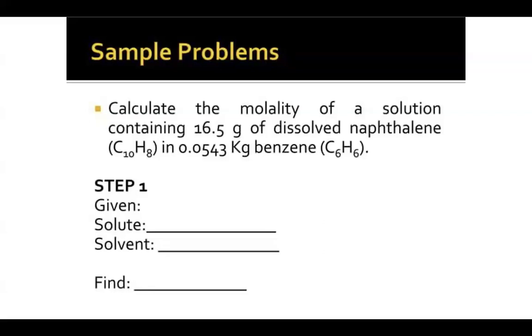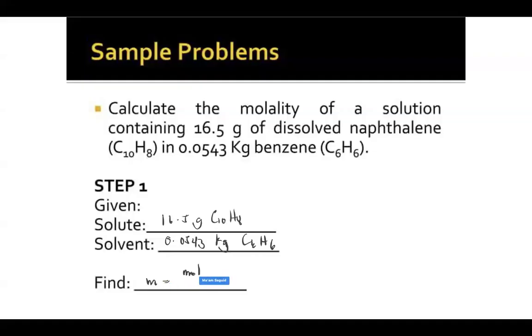So if we have dissolved naphthalene, obviously, naphthalene will be the solute. So we have 16.5 grams of C10H8 and the solvent is 0.0543 kilograms of benzene, C6H6.